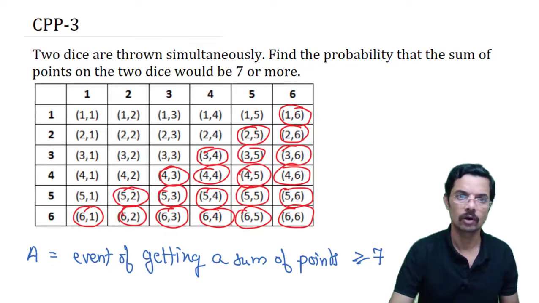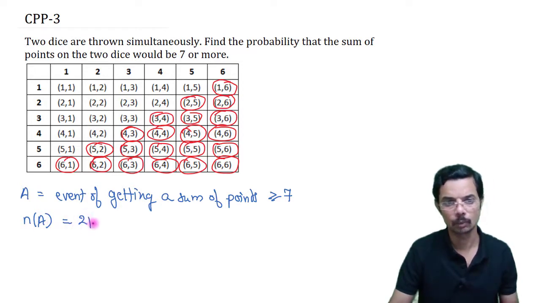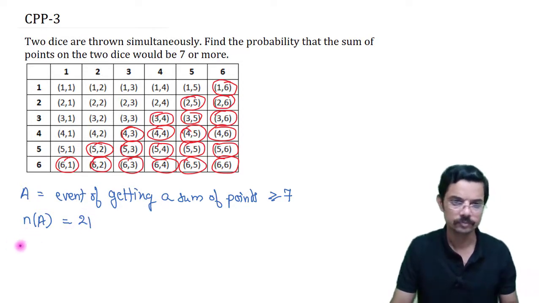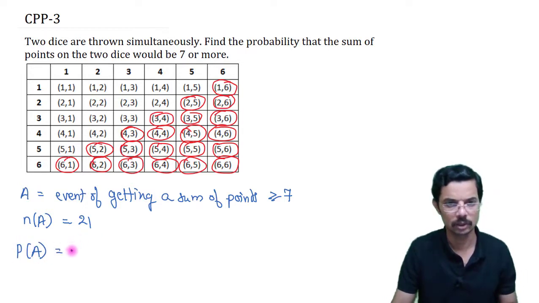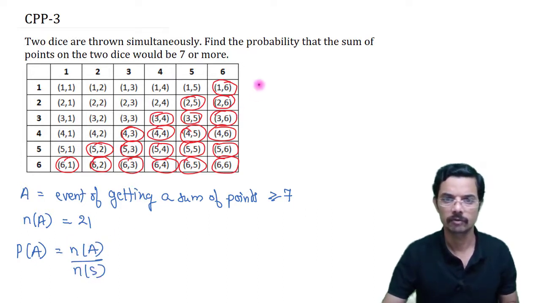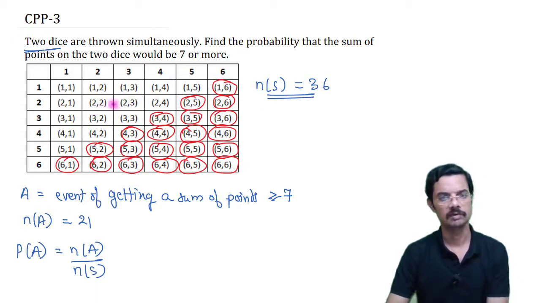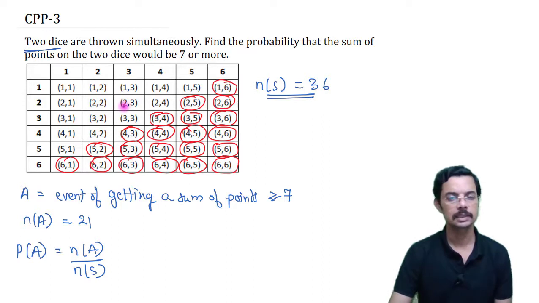So what we have got is that the number of elements favorable to A is equal to 21. Now the probability of this event A will be equal to number of elements in A divided by the total number of elements in S. Number of elements in S is equal to 36. We know that sample space of 2 dice thrown simultaneously will give you a sample space of 36.